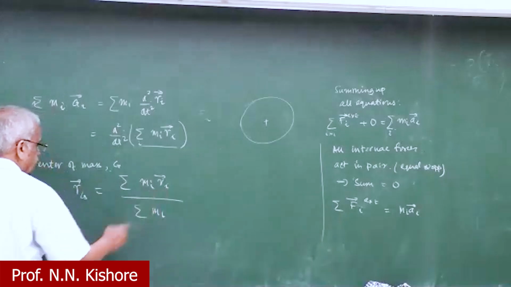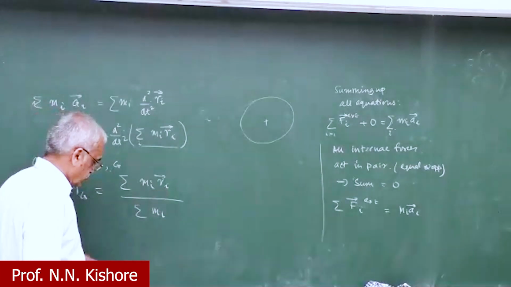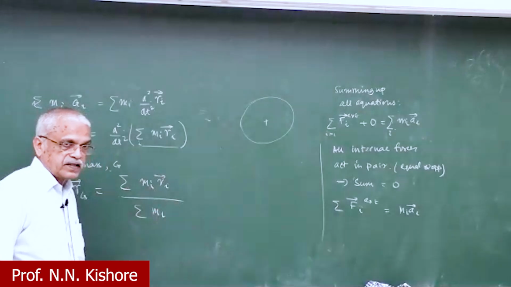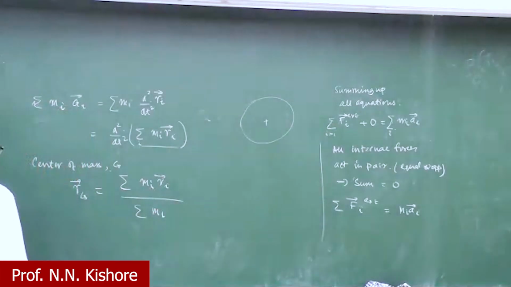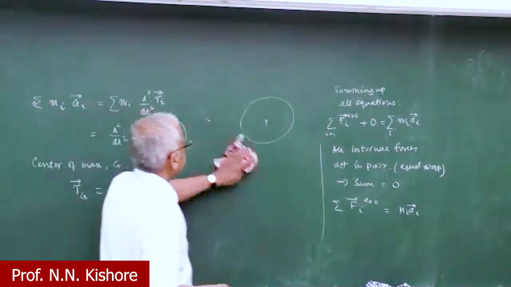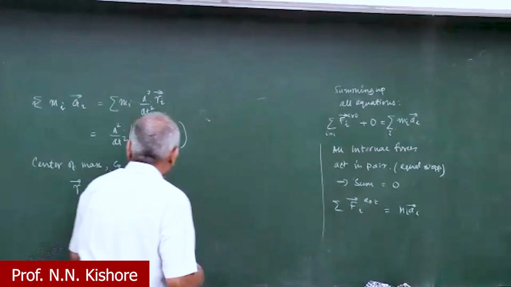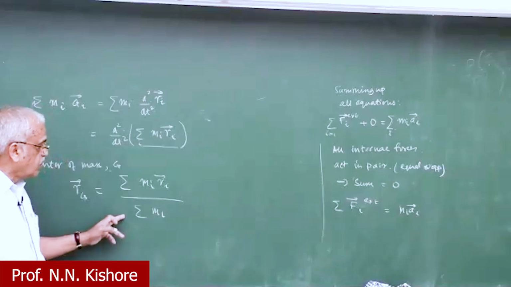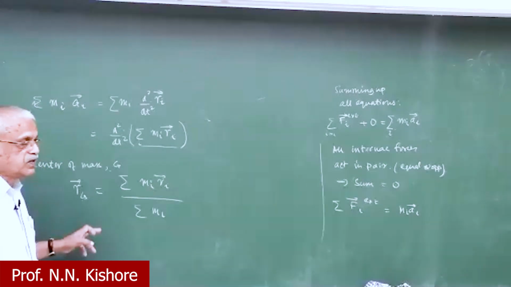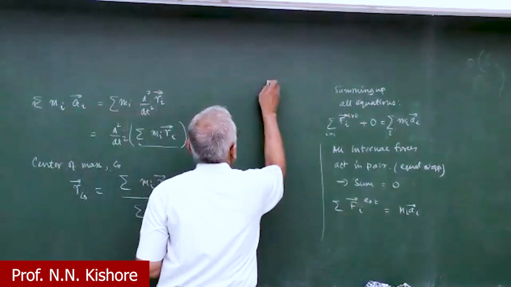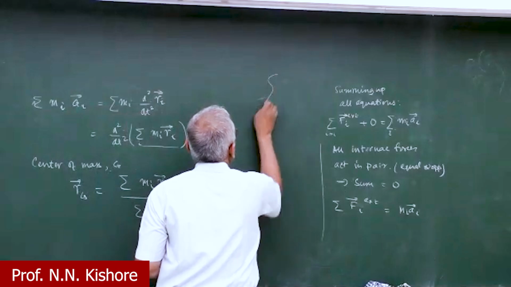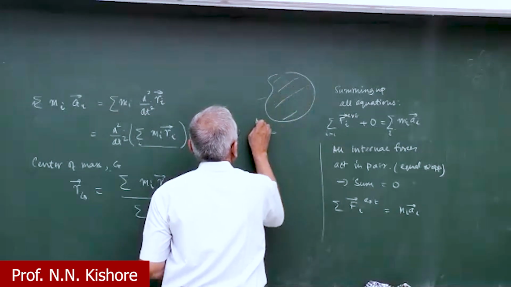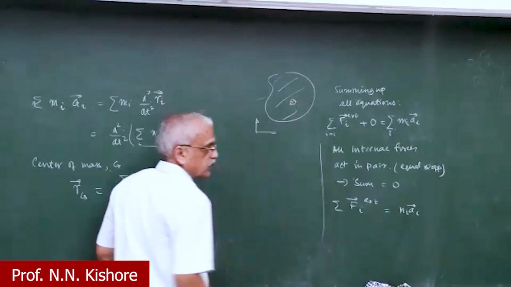So if you have this one, then using the center of mass definition, we have d squared by dt squared of m times R, where m is the total mass of the system of particles.